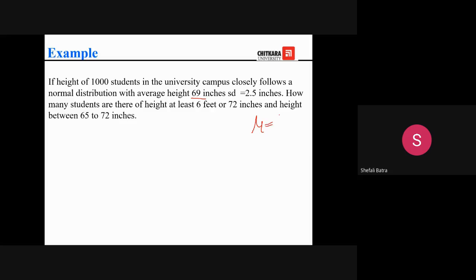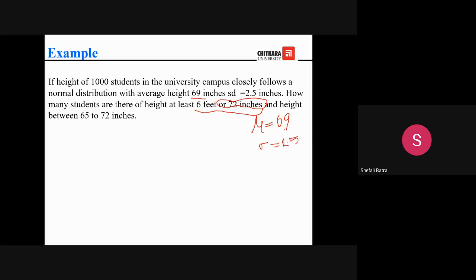So mean is 69 and standard deviation is 2.5. So sigma is 2.5. How many students are there of height at least 6 feet or 72 inches and other part height between 65 to 72 inches? Right? So first we'll be concentrating on this.